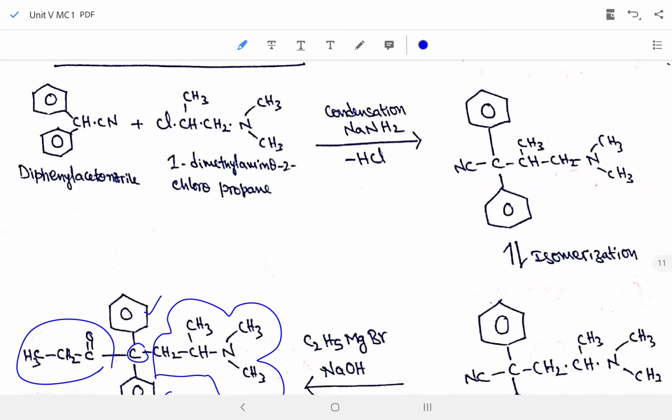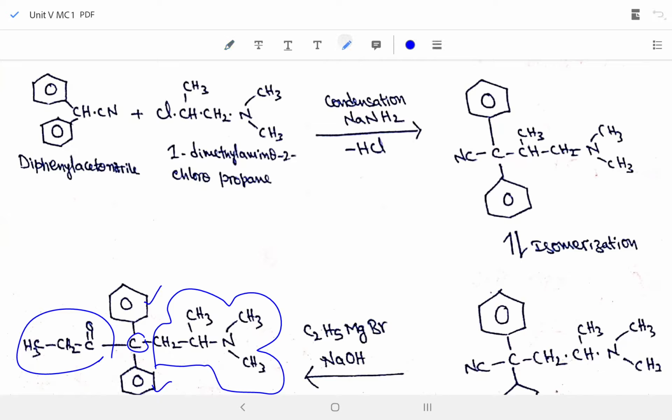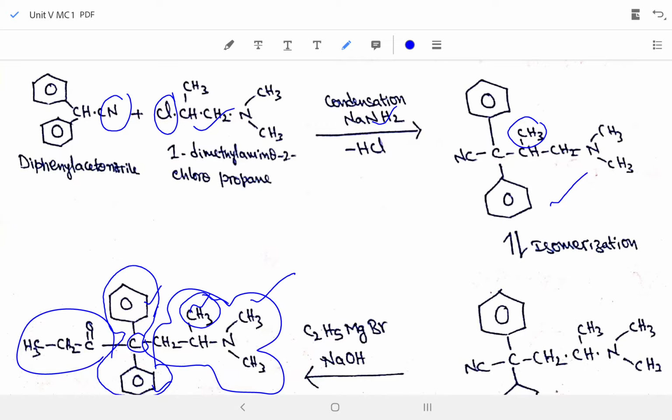Diphenyl acetonitrile. So we are taking this part first. CN is the leaving group here, and in place of CN we are attaching this side chain. We are adding sodamide, and condensation happens. Then we will get this intermediate where the CH3 is here, but we need it at the second carbon of the side chain, and it is here in the first carbon.